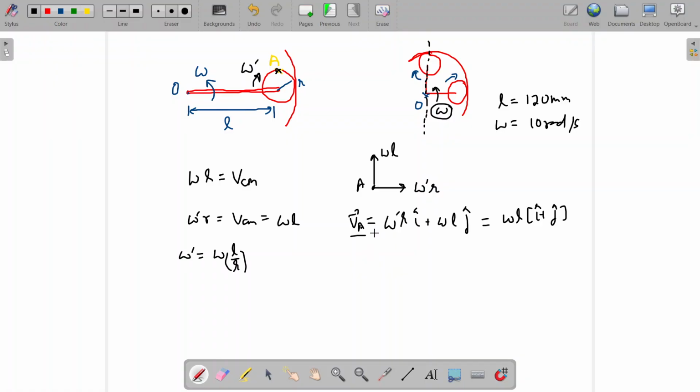For the second part of the question, the rod is of mass small m, and the disk's mass is capital M. So we'll apply conservation of energy here.